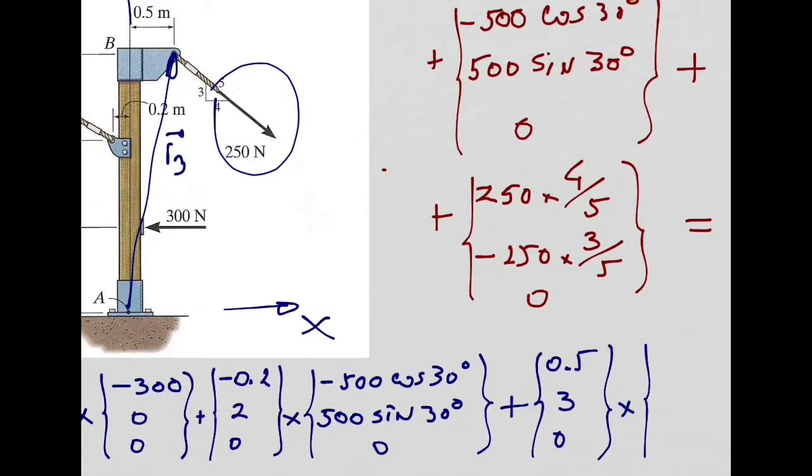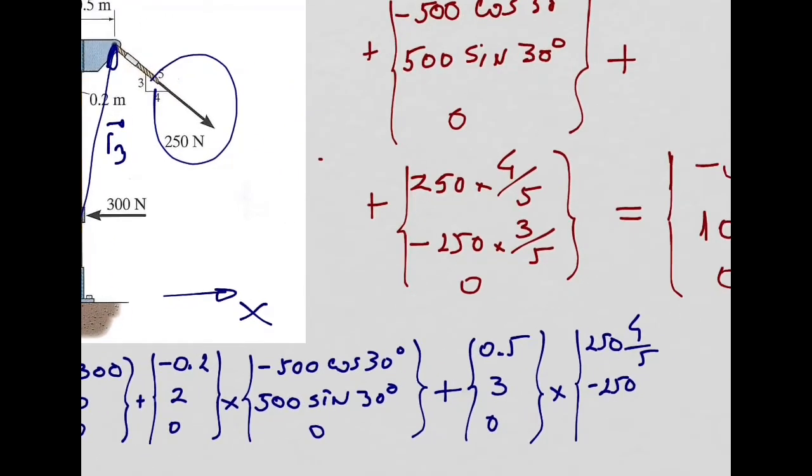Cross product with the force vector, you tell me x. I think we did the force vector already, right? Is this one, right? You all agree with me, this is my force vector, so I can just copy this one. It's 250 times 4 over 5, minus 250 times 3 over 5, 0.